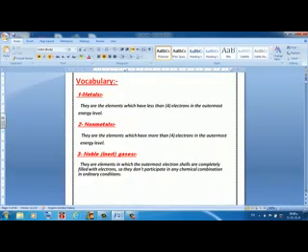Okay, let's start with metals. Metals are the elements which have less than 4 electrons in the outermost energy level. I mean, if you have an atom of a metal, and you know the atomic number and the mass number of that element, you can draw the electronic configuration of that atom.